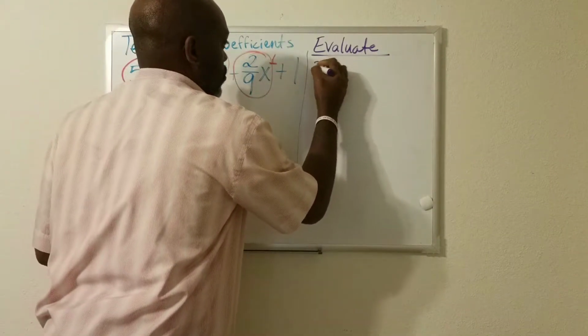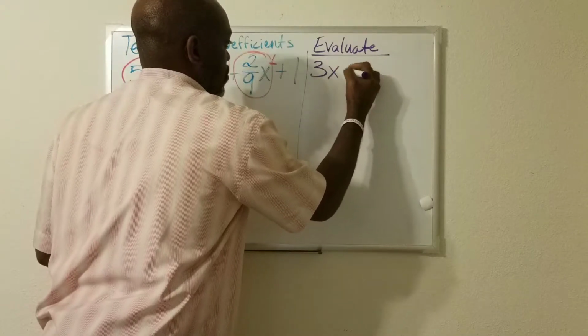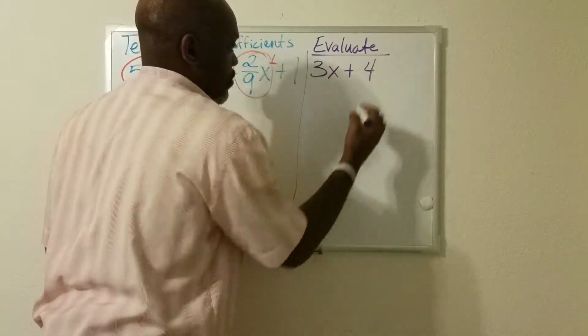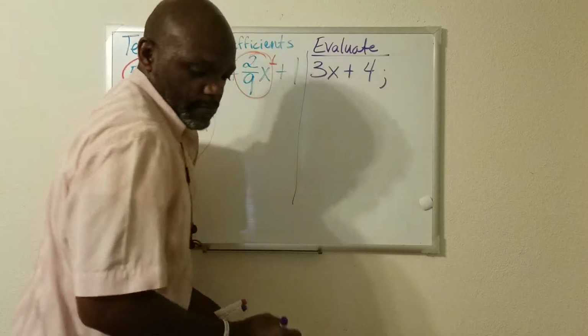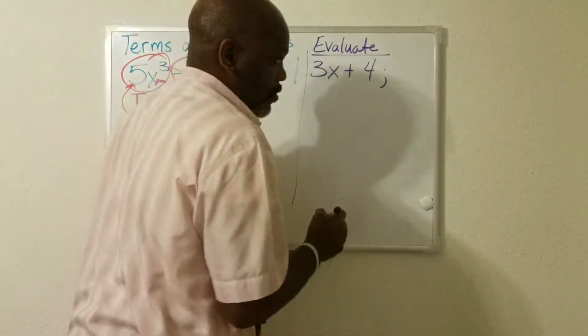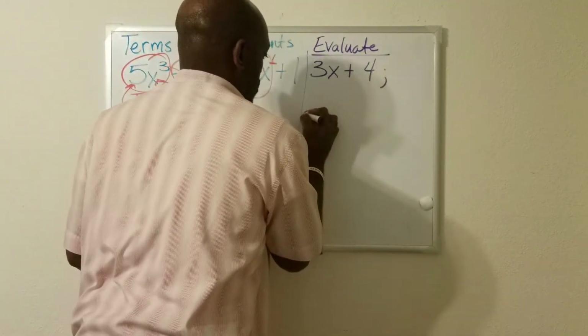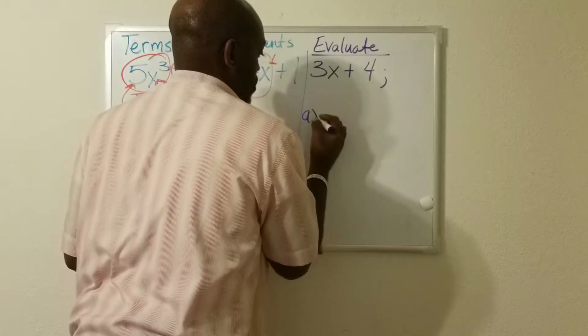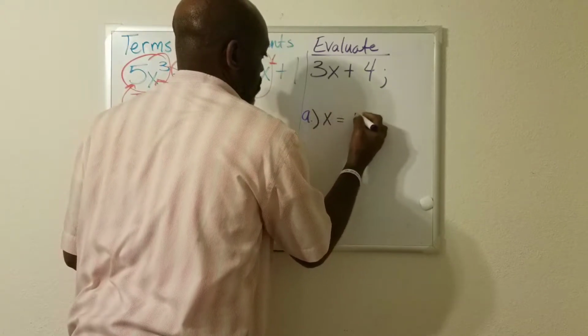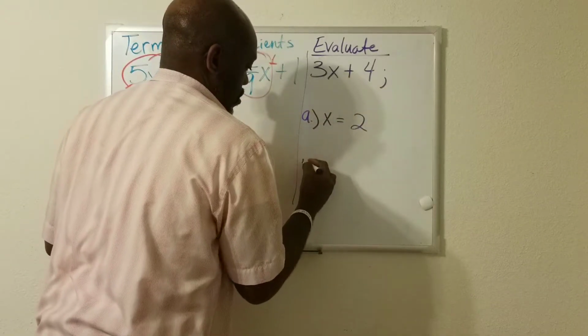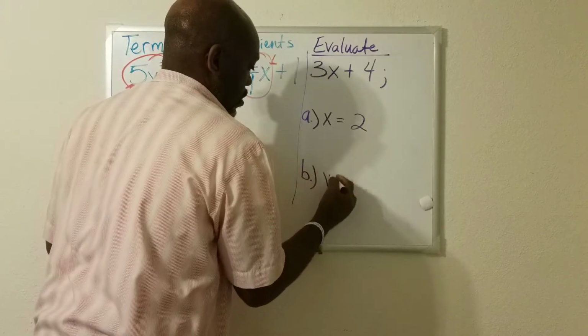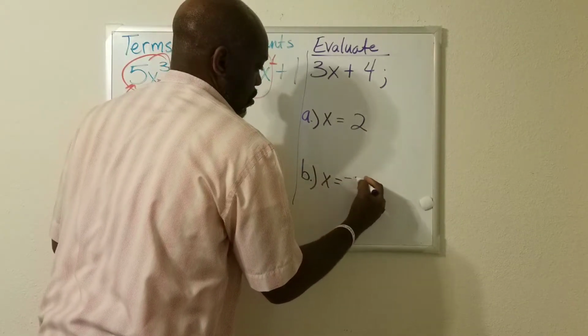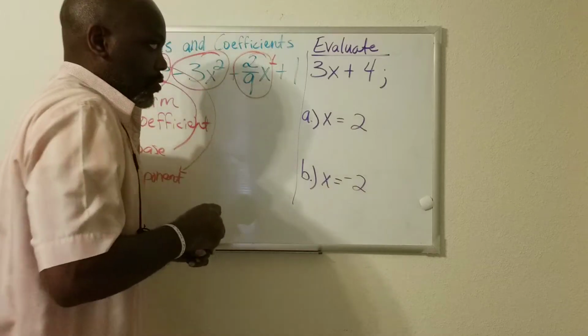So if I had 3x plus 4, and it says that on A, x is 2, and on B, x is negative 2.